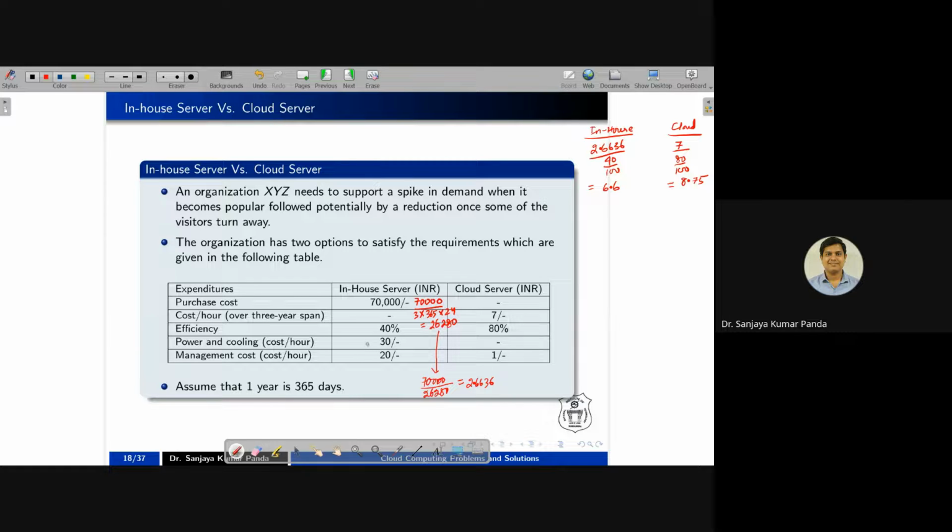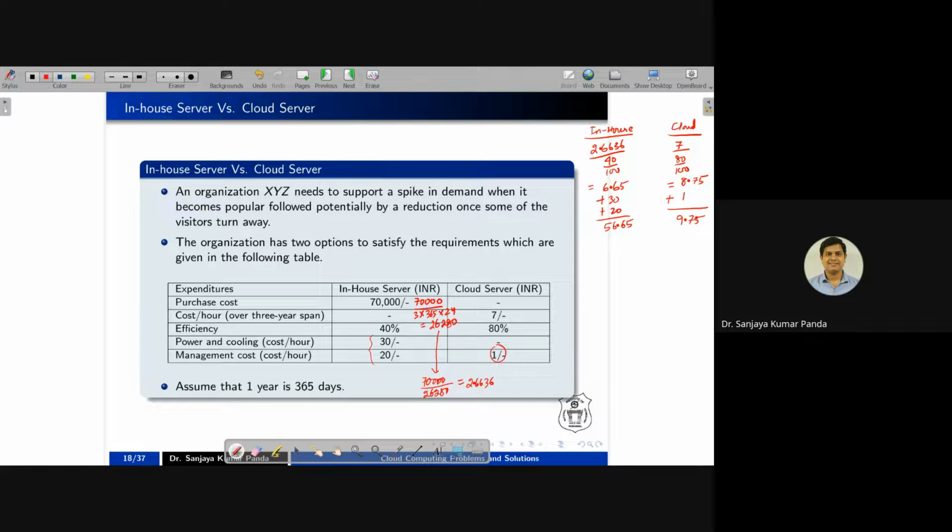If you calculate the total cost, you have to include the power and cooling cost and the management cost. So 6.6, or 6.65 you are saying, plus 30 plus 20. I think you will get 56.65 as the total cost for the in-house server. In the cloud case, you have to add an extra cost of 1 as a management cost, so you will get 9.75.